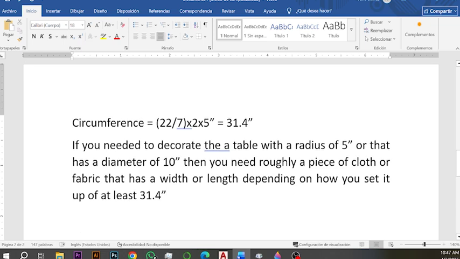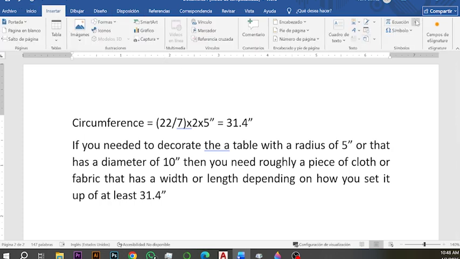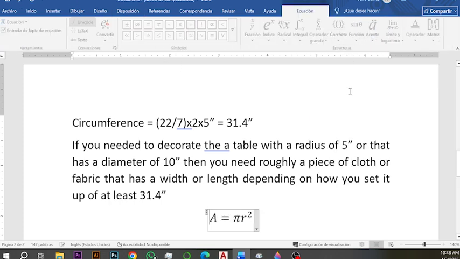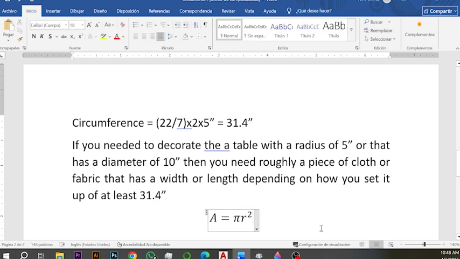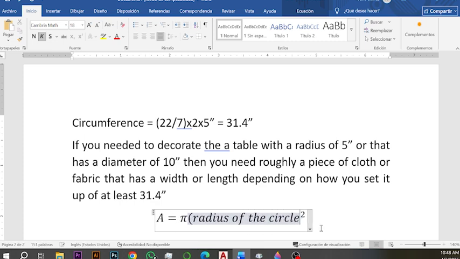So now, how do you determine the area of a circle? So, simple. The area of a circle is pi r squared, where r is the radius of the circle.